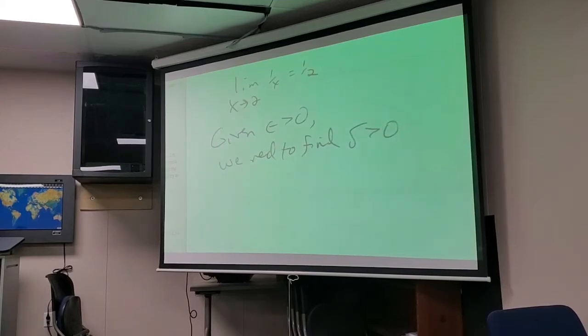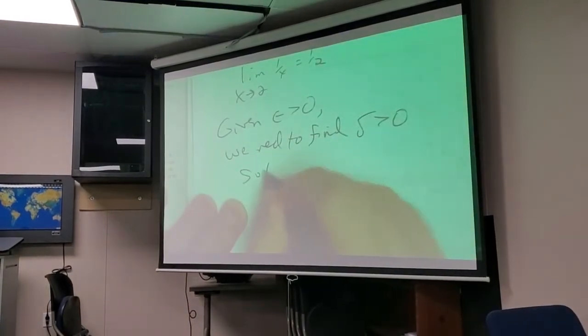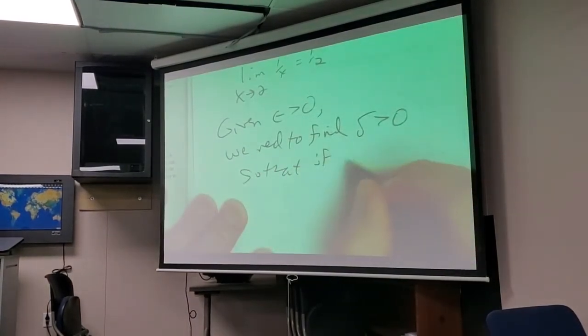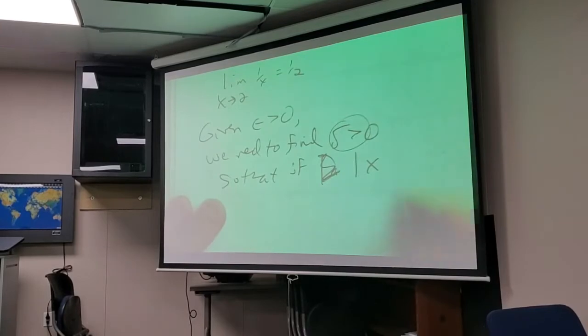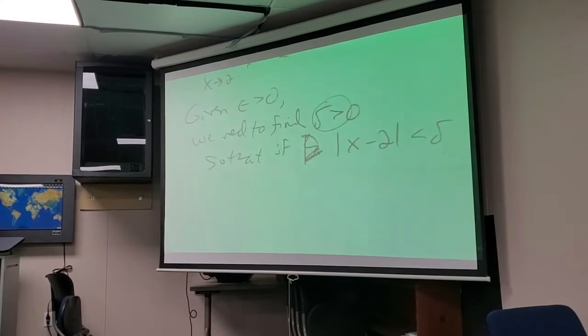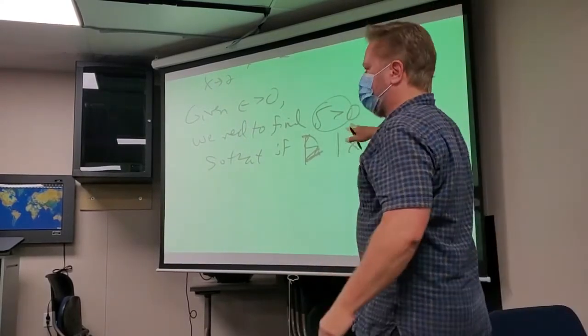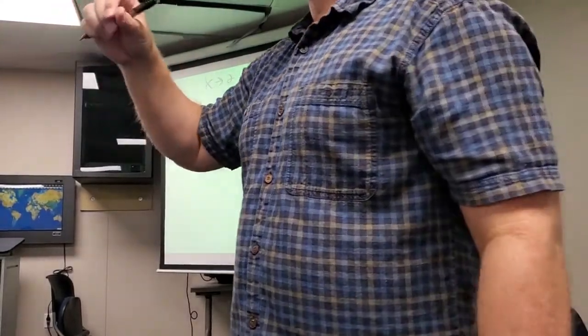Okay, I like it. So given epsilon greater than 0, we need to find delta greater than 0 so that if we are this close to the input, okay. Part of this is just, you all know what absolute value means. You're just not used to reading it as an English sentence.